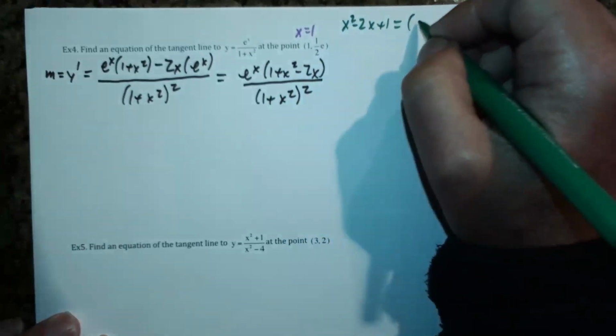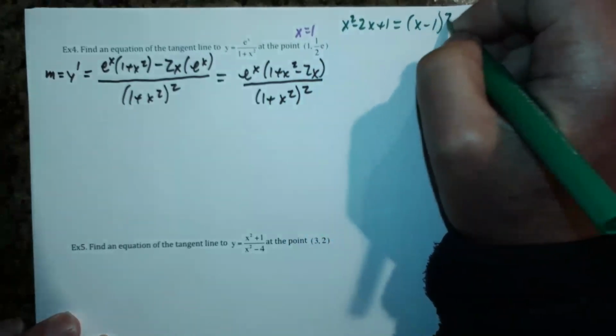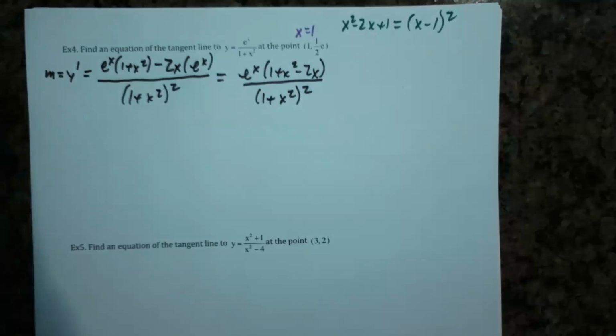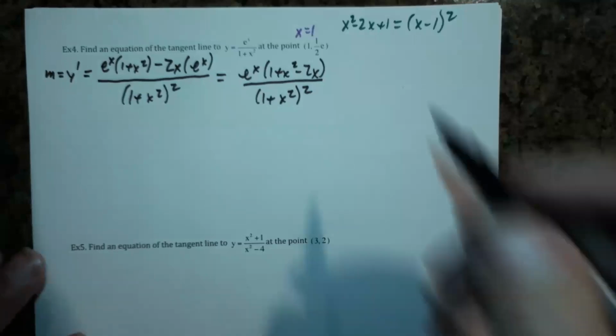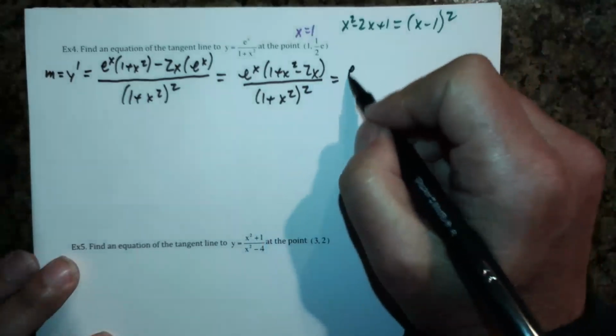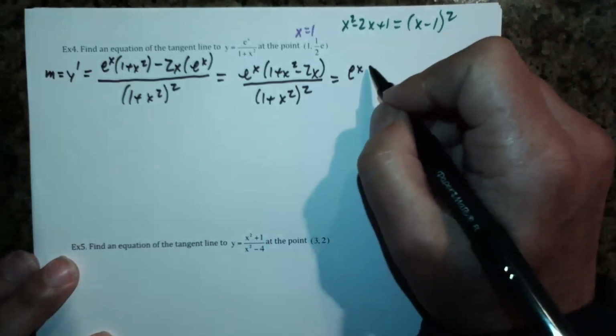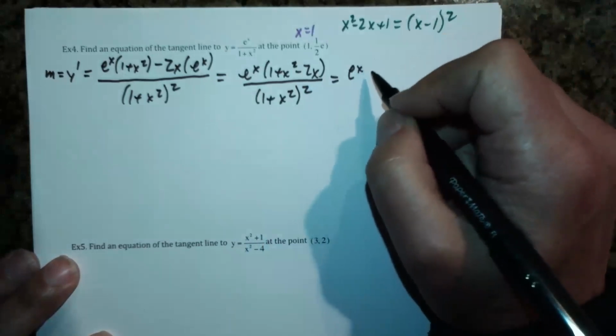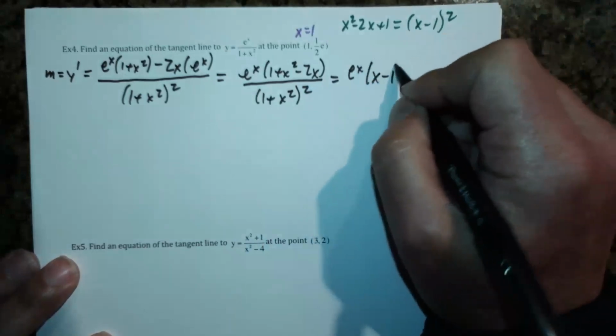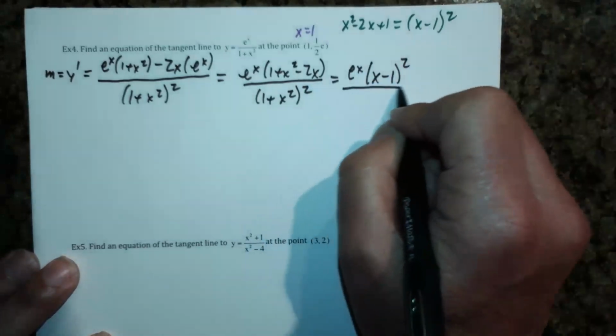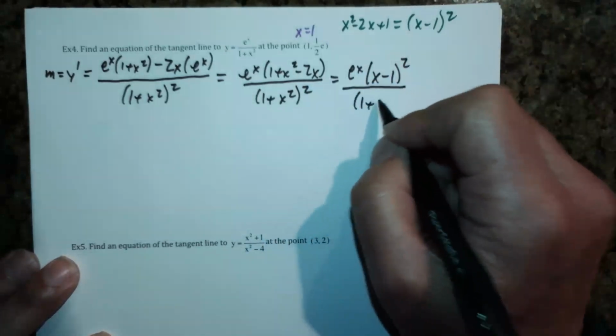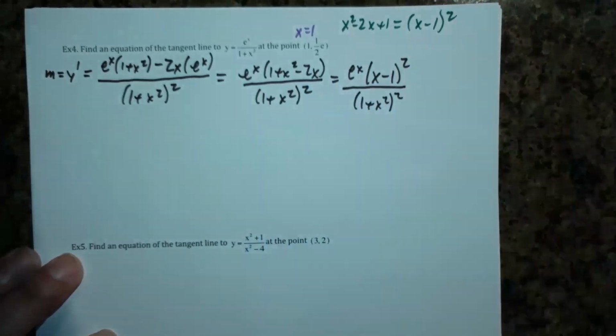And that actually factors to this. So this becomes e to the x times x minus 1 squared over 1 plus x squared squared.